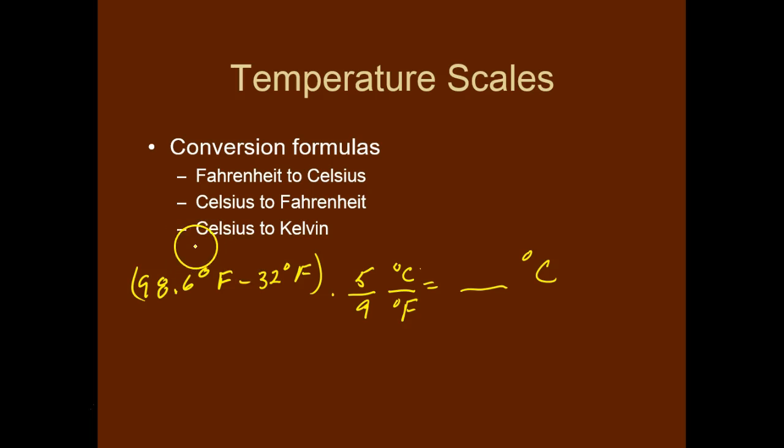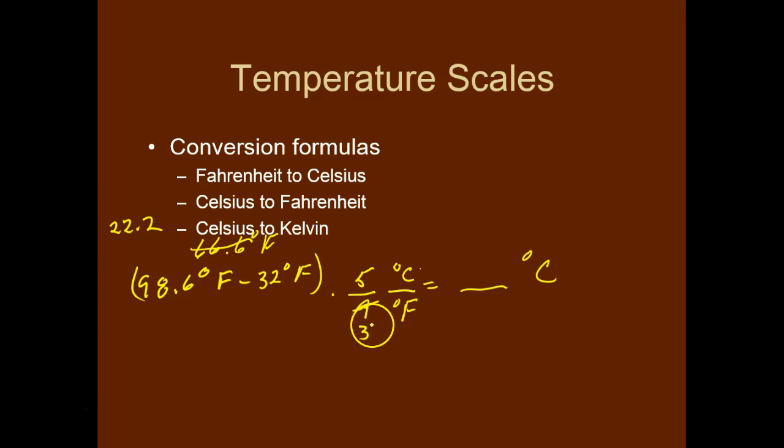98.6 minus 32. What does that come up to? 66.6 degrees Fahrenheit. I hope nobody's getting too upset with that number. It's got a decimal in it. Now, because I don't have a calculator handy, I'm going to divide 3 into this and 3 into that, and that would give me 22.2.